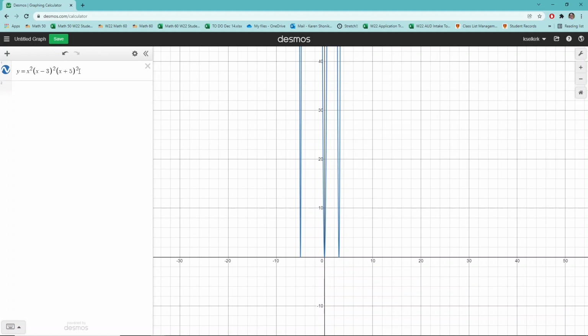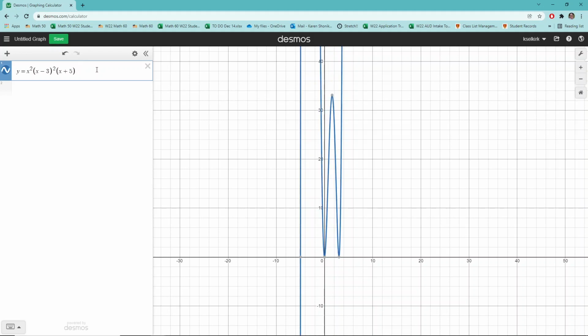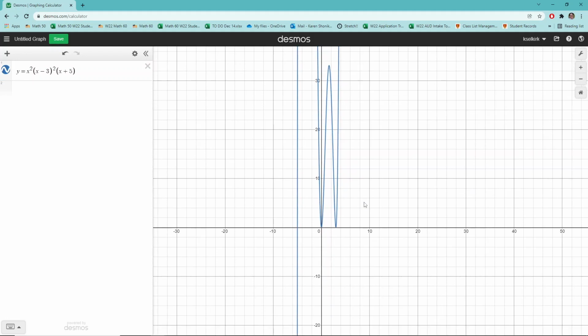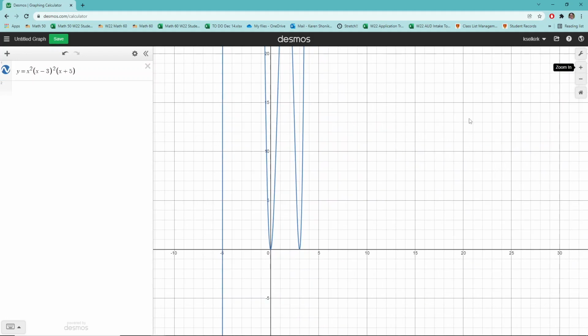So it's this exponent, which we call the multiplicity of the 0, that determines the nature of the graph at that 0. When the exponent is 1, the graph crosses the x-axis. When the exponent is 2, the graph is tangent to the x-axis. In other words, it doesn't cross through.